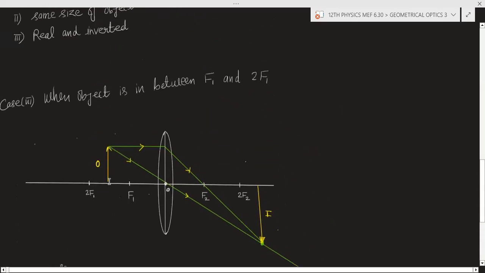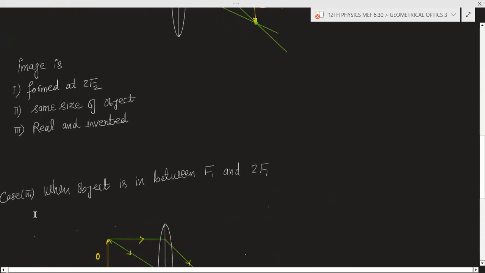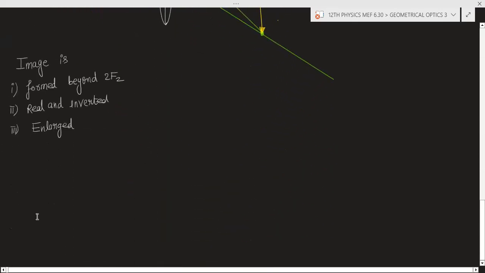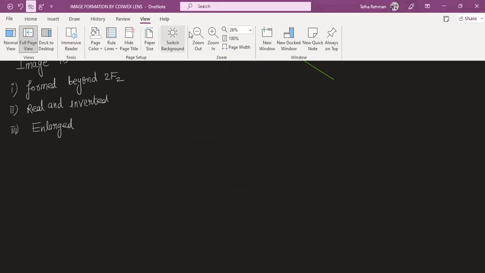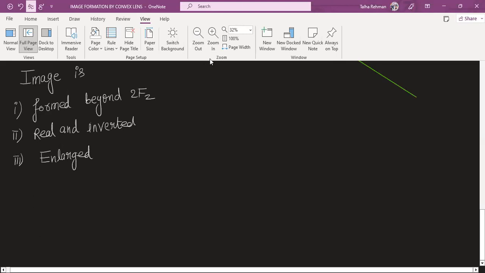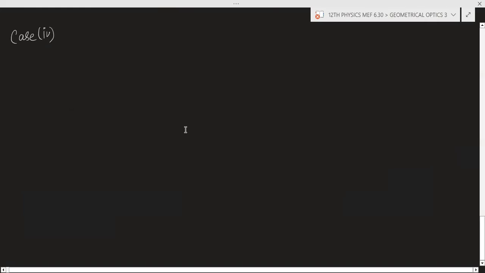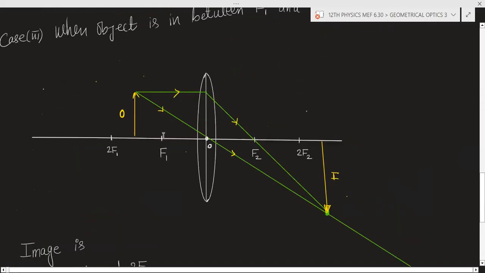After this, case number four. When the object is placed at F1, at F1 means here.